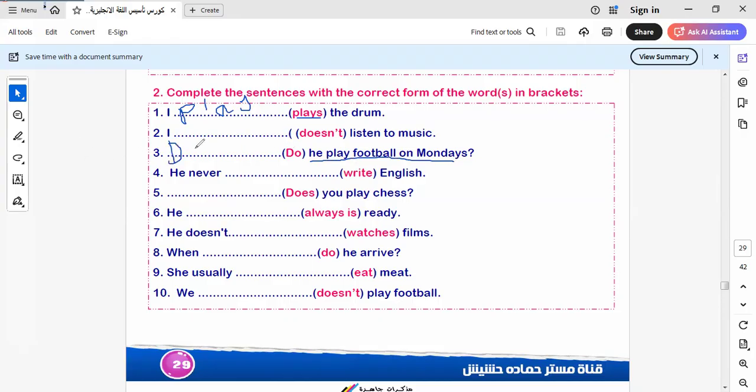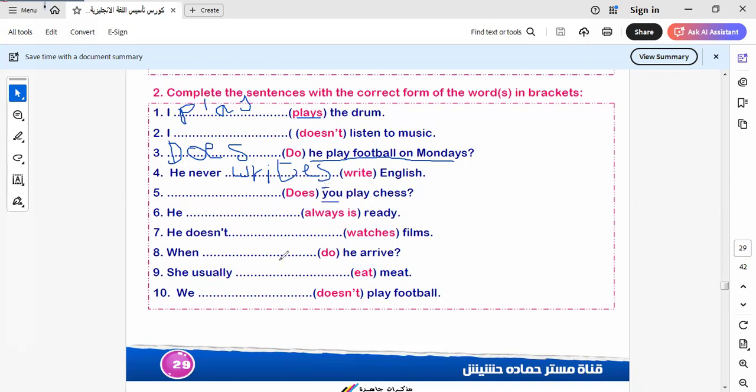I replace do by does here. He never speaks English. He never writes. So here I put s on the verb. I can't put the verb in the stem form because never can't act like do and does. So here I put the verb in the stem form in the present simple tense, like this.